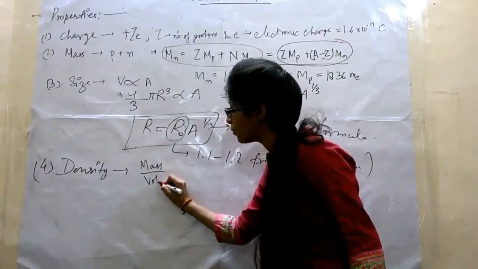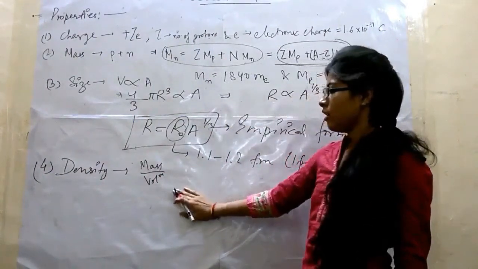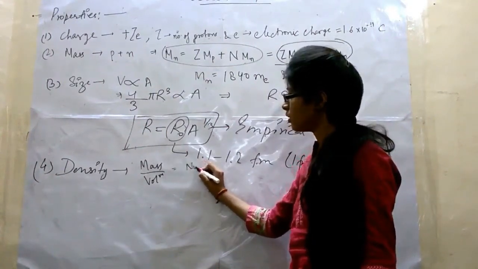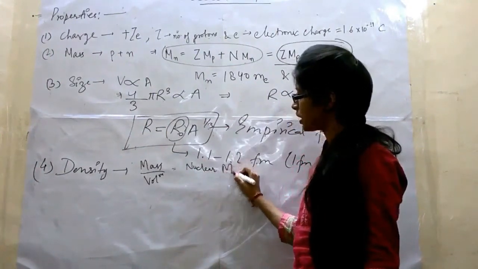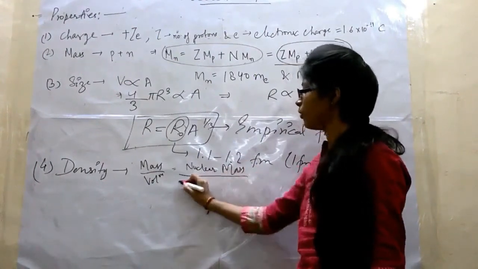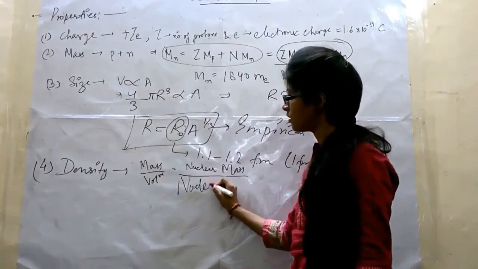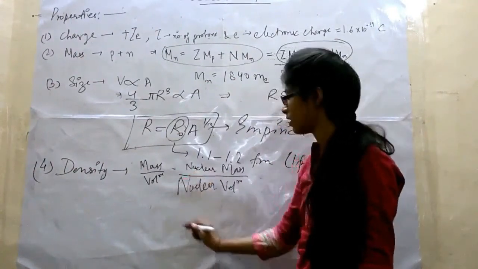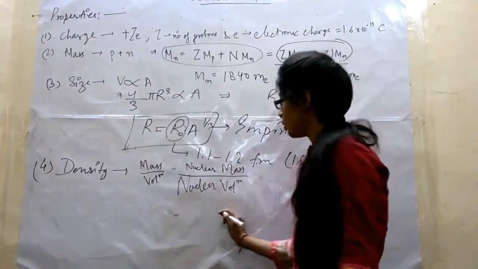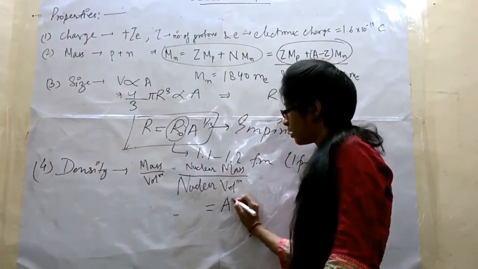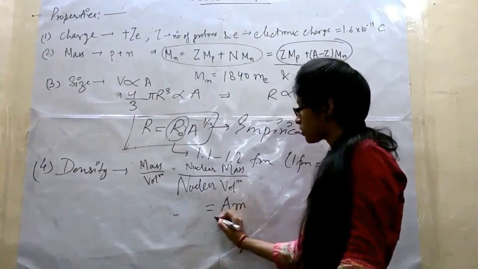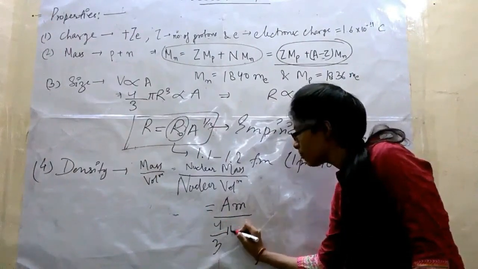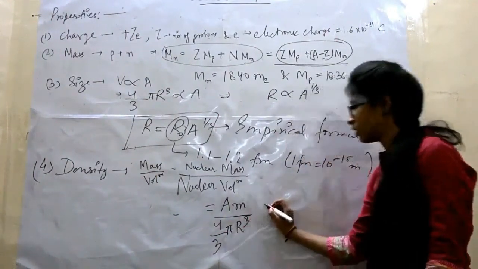Here, for the case of the nucleus, the mass will be the nuclear mass and the volume will be the nuclear volume. Nuclear mass is the number of nucleons into the mass of a nucleon, and volume we have 4/3 pi r cube.